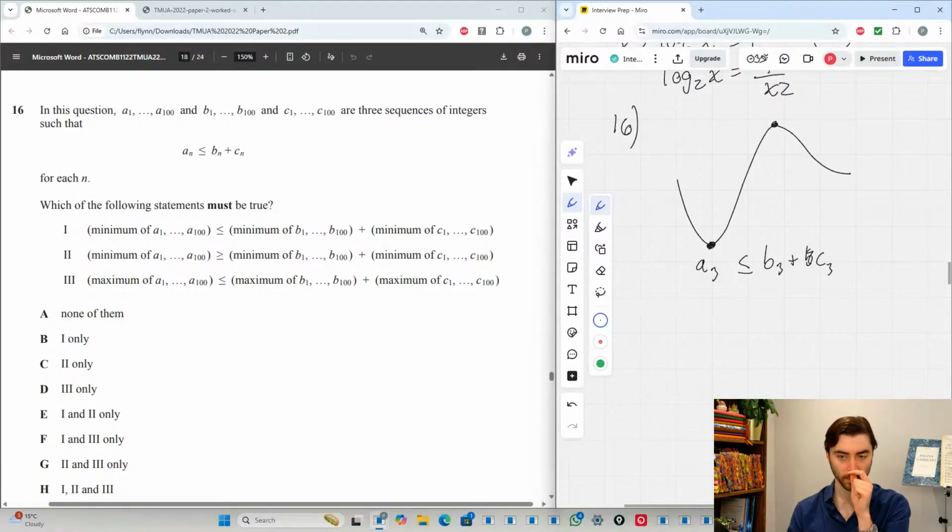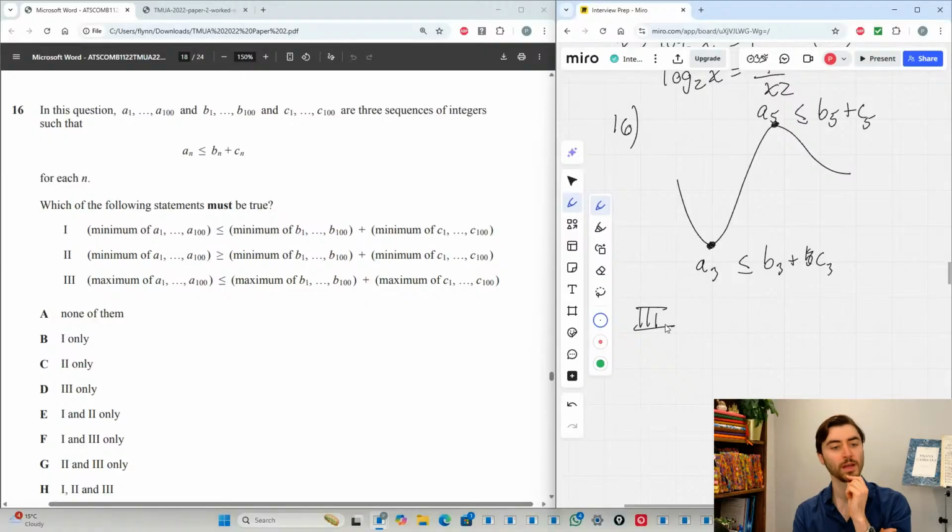And that's going to be the maximum. Okay, so let's start here actually. So let's say that A5 is the maximum. Well, that is less than B5 plus C5. If these are both the maximum, then the statement is true. If these are not the maximum, then there is a number bigger than it. So the statement is also definitely still true. So 3 is definitely true.